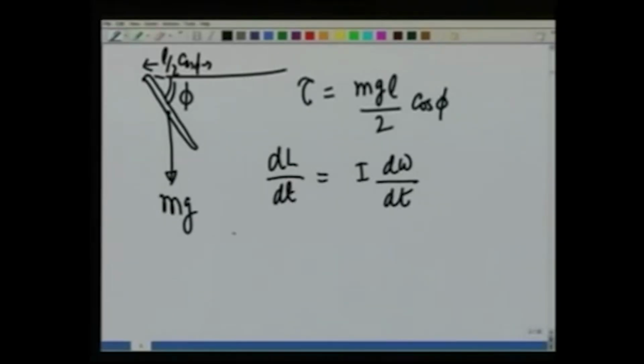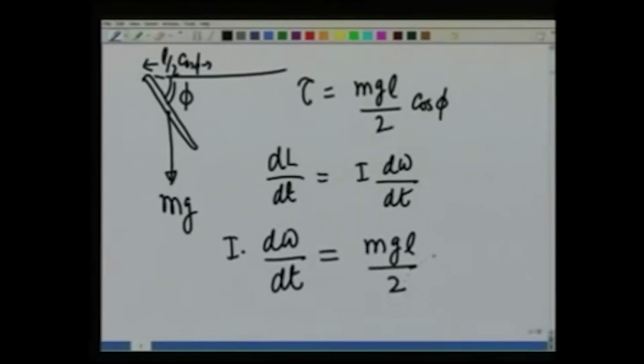and therefore, I should have I, which is the moment of inertia, d omega over dt is equal to m g L divided by 2 cosine of phi.